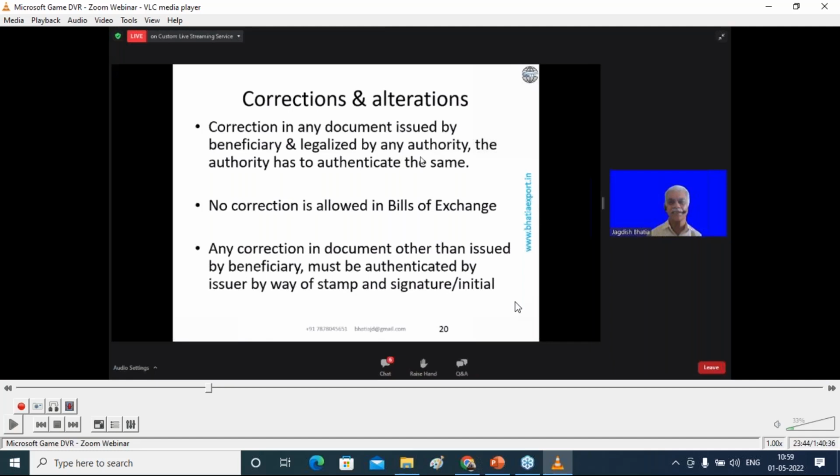On that, all the documents are submitted in support of the demand. So the bill of exchange is a demand from the exporter to the importer to make the payment on a certain date. And if any changes are required in the bill of exchange, it can't be made. Again, you have to resubmit the document. Okay.